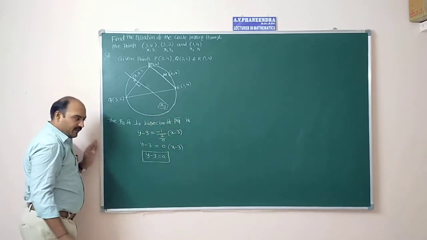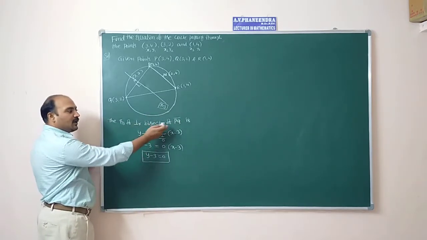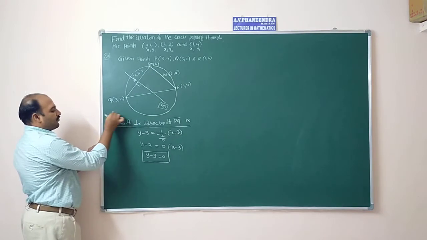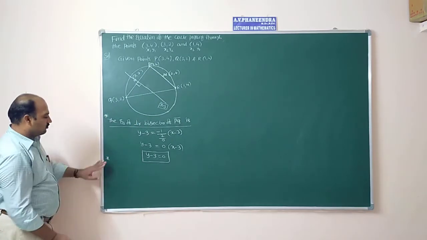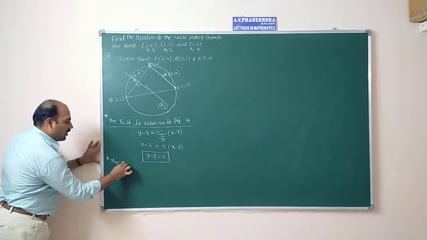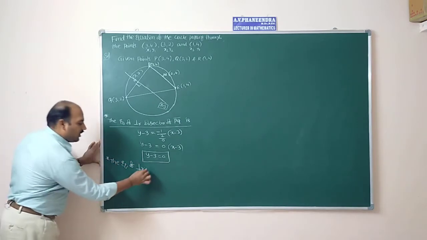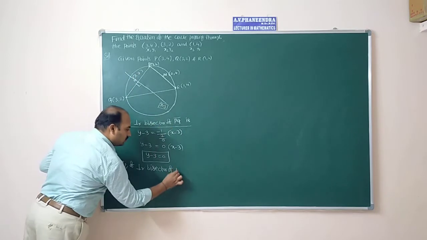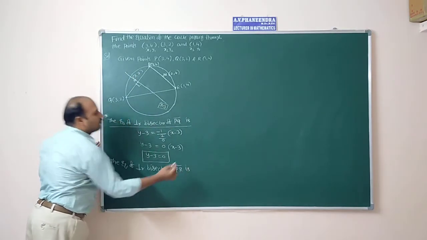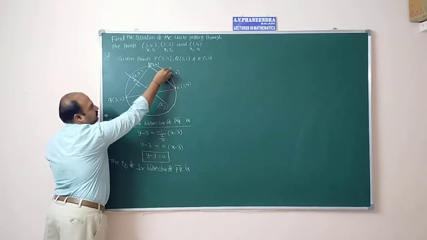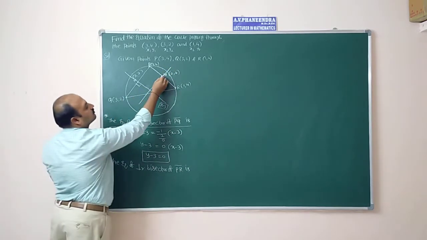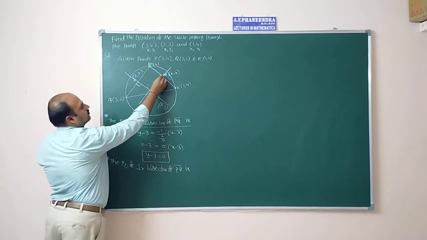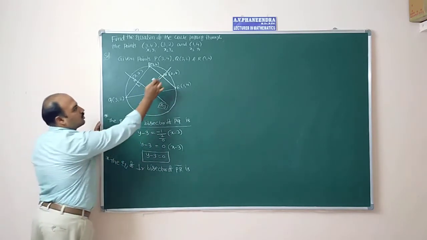In the same way, also calculate the equation of the perpendicular bisector of PR. It passes through which point? (2, 4).